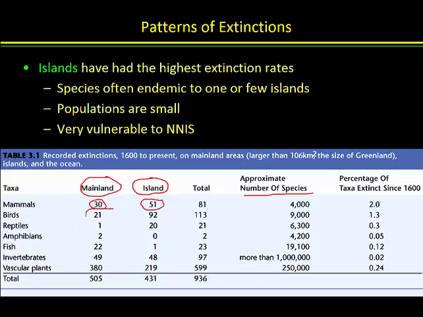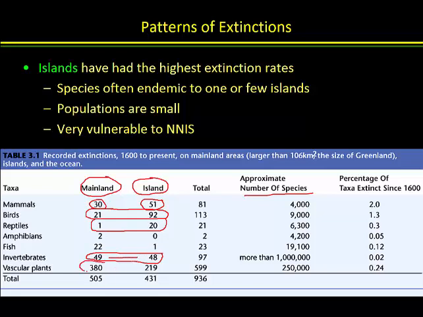We see similar disproportionate impacts on island fauna for birds and reptiles. And then we also see similar proportions with invertebrates. These numbers look equal, but when you consider the fact that islands are a very small amount of land mass relative to the continents, these two numbers being somewhat equal show that actually islands are very vulnerable to extinctions.